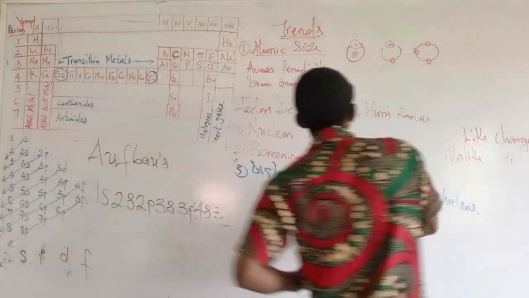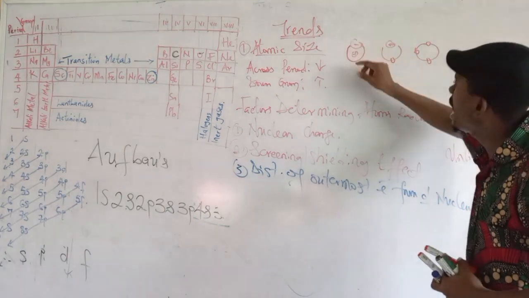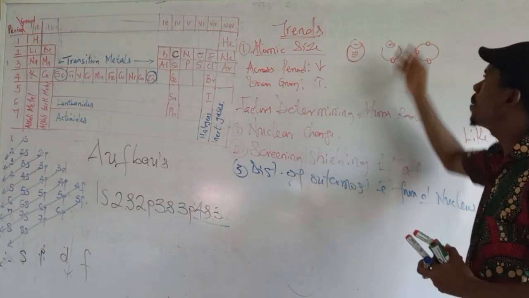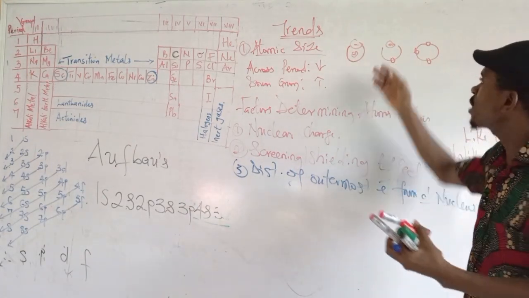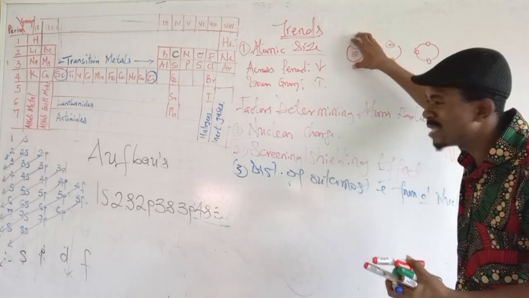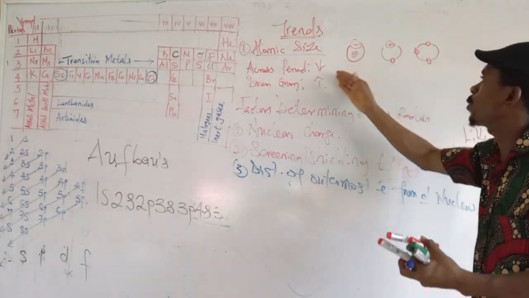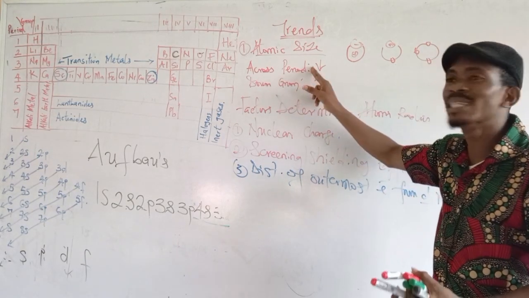So, because the electrons are negative, they tend to be pulled towards the nucleus. And as we go from left to right, more electrons are being added, hence there will be more pull. If there's more pull, the atom is going to shrink, getting smaller in size across the period. So as I said, across the period, the atomic size decreases.